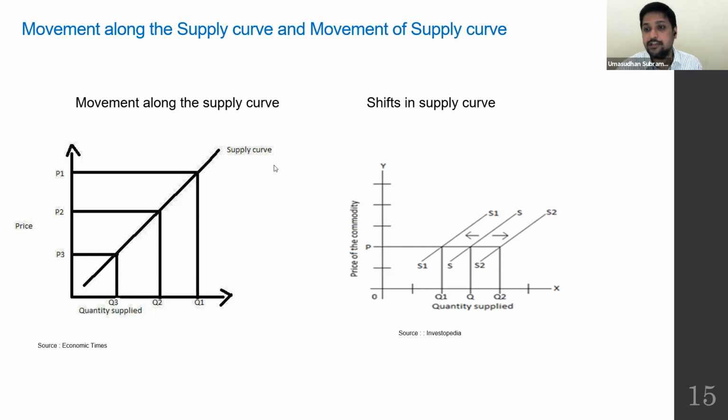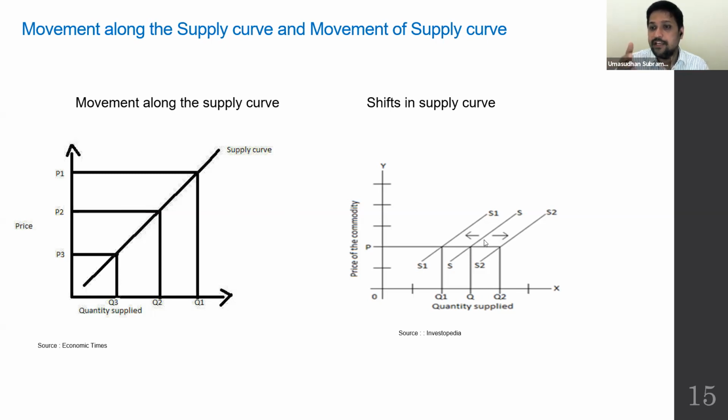Technology is changing, cost of production is changing, taxes are changing. Is that going to be movement along the supply curve or changes in the supply curve? They are going to be changes in the supply curve, because the price doesn't change but other factors are changing.